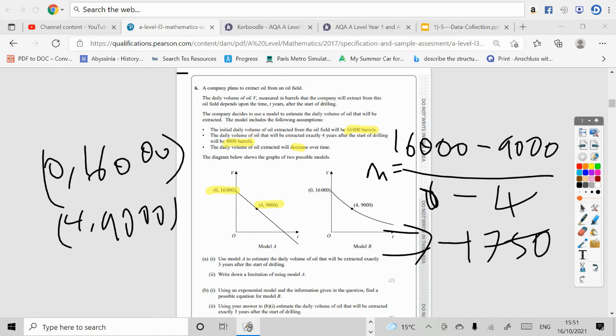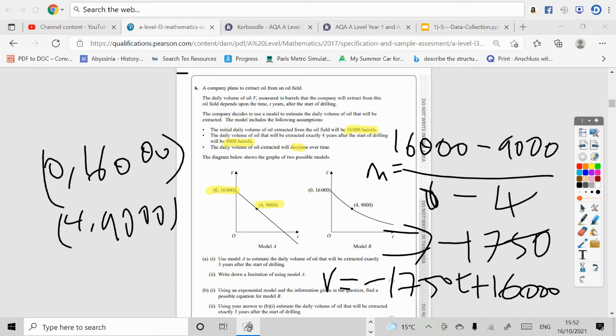Doing that on your calculator, make sure you've got a calculator, of course. So V will be equal to minus 1750t, and the y-intercept is 0, 16,000, so I have to add the 16,000. So what do we want here?